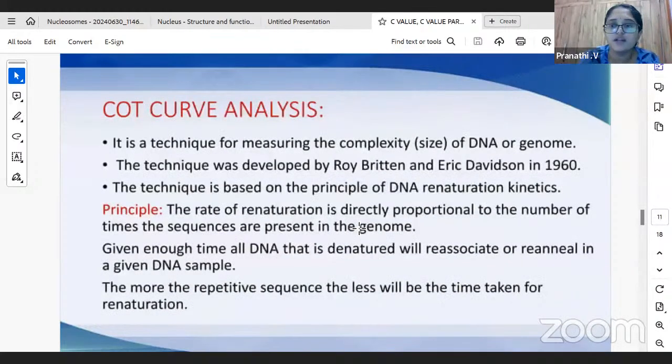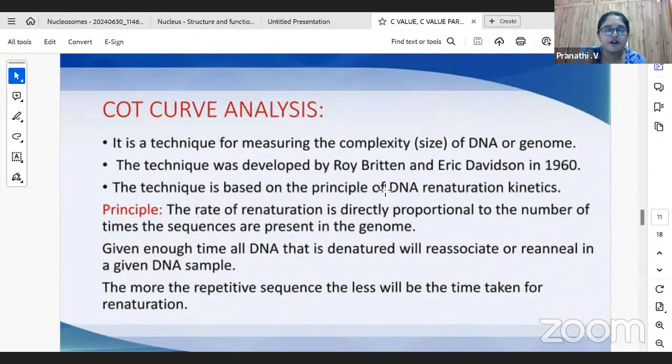Now we have something called the COT curve analysis, which measures the complexity of the DNA or the genome. It was developed in the year 1960 by two scientists, Roy Britten and Eric Davidson. And what is it based on? The DNA renaturation. So COT curve analysis can be done whenever you do your RT-PCR.